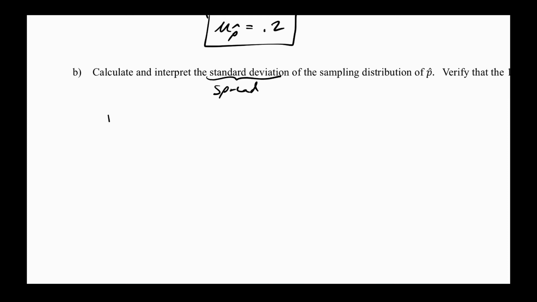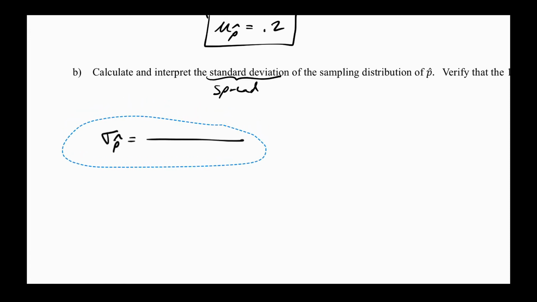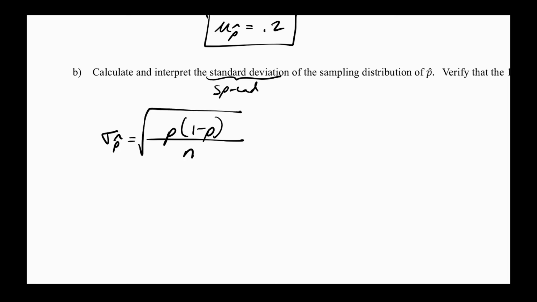First thing we've got to do is calculate it. The equation that's written on the board for proportions is the square root of P times 1 minus P divided by N. So let's start filling in numbers here.